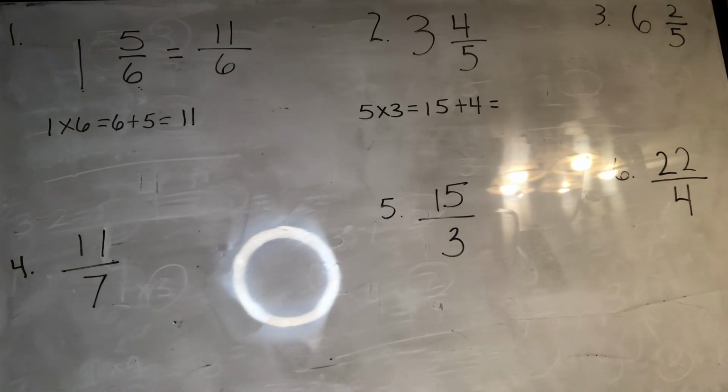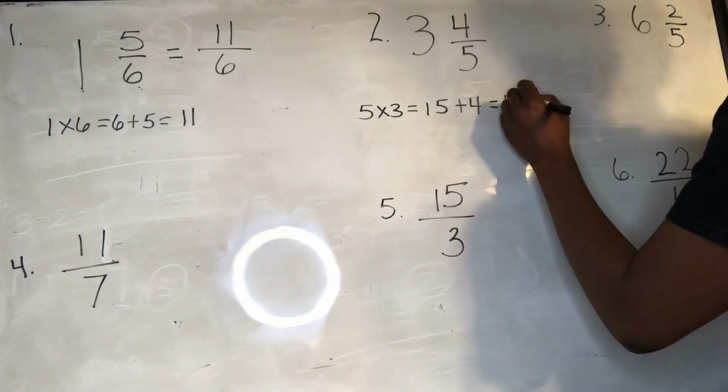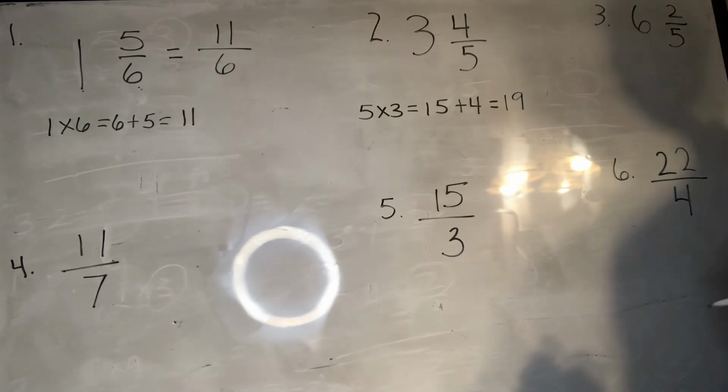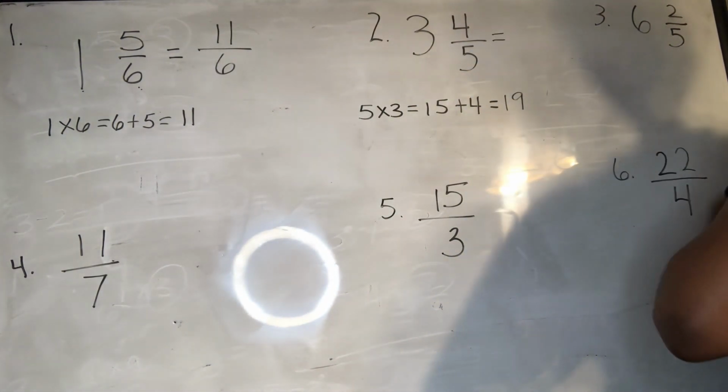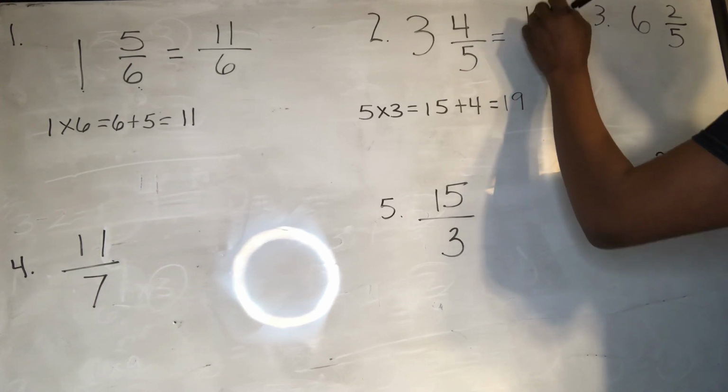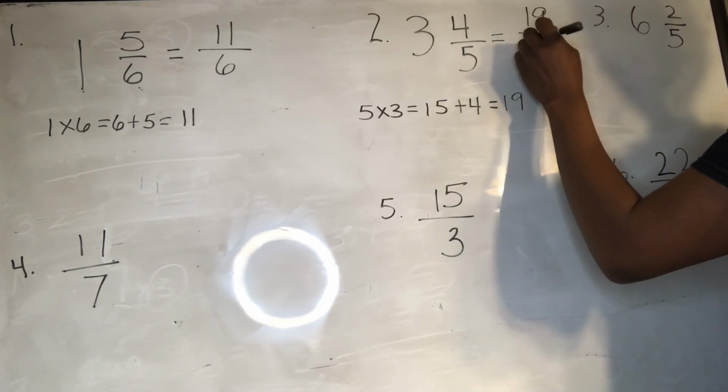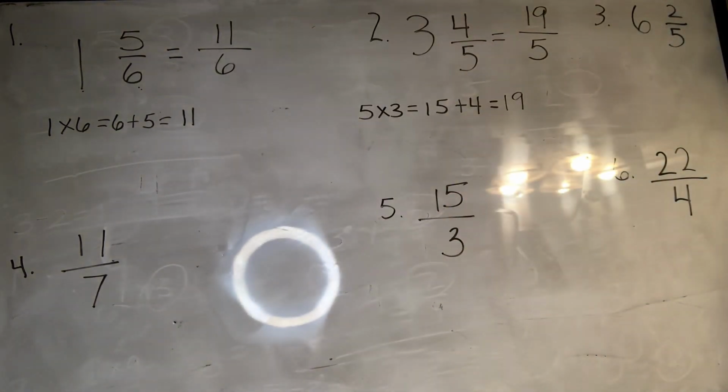Now count up 4. 16, 17, 18, 19. Alright, so now we have the answer of 19. So that is what our numerator should say. Our numerator should now say 19, and our denominator will stay the same at 5. Those two are equivalent.